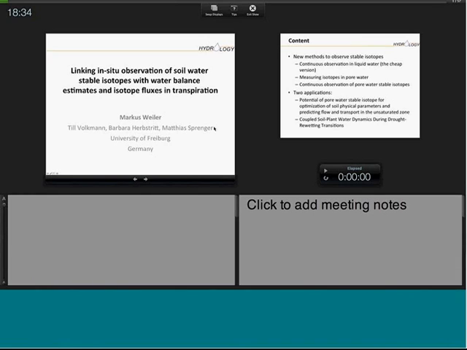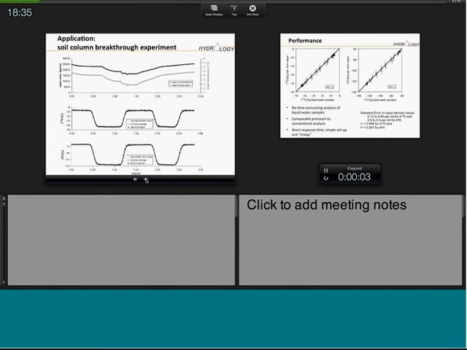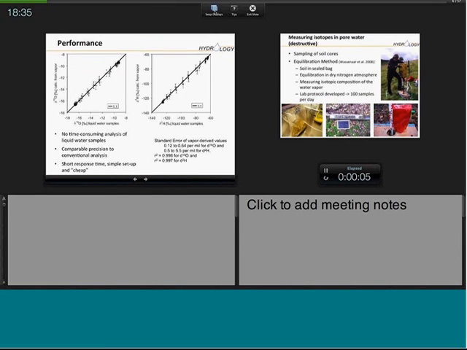What do you see now? Yes, I'm seeing the opening slide. Only the opening slide? Yes, it looks like you've maximized the screen. And I'm seeing the opening slide and some content notes. There we go. So you see this, right?